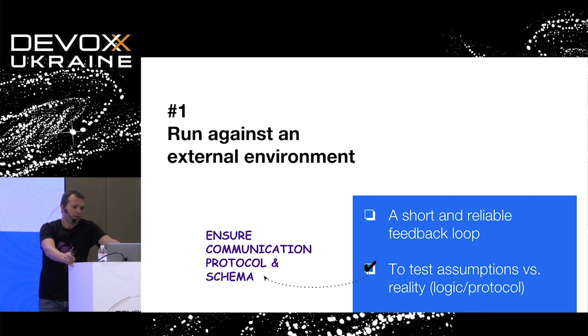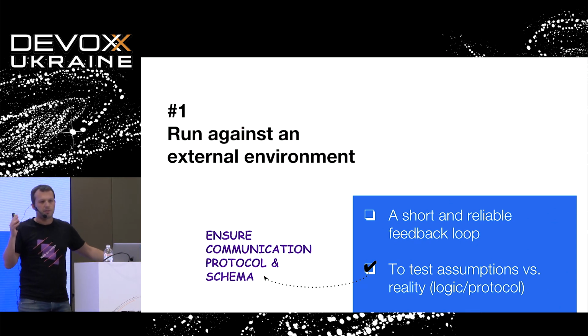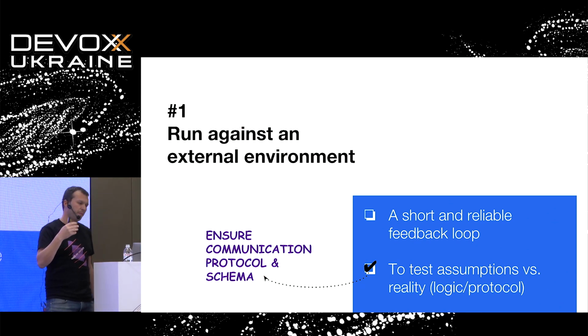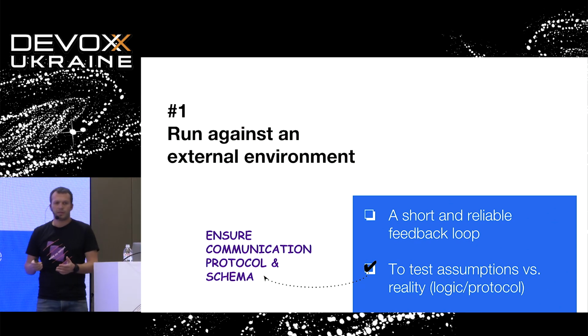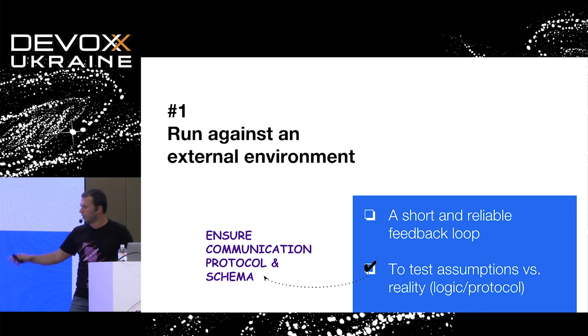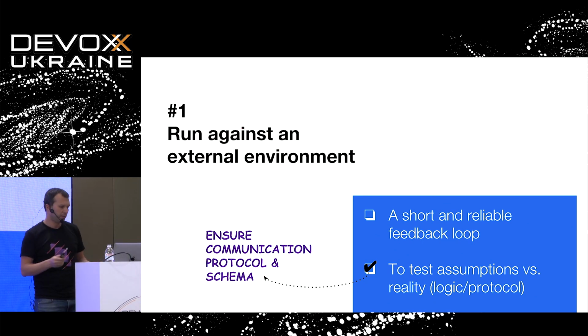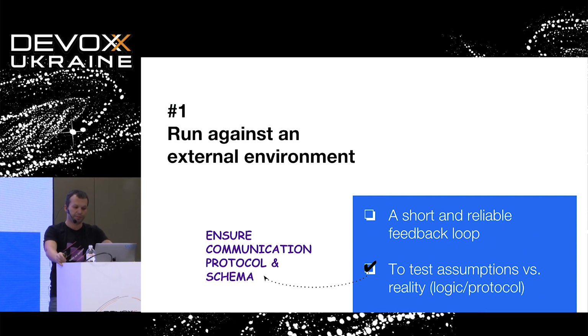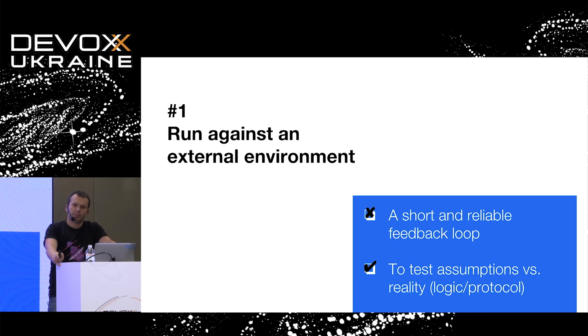We also ensure the communication protocol and the schema, and we know that it's working. The one thing we can't test here is the non-happy path. We can't test that this service is down or partially down or doing some weird stuff. And while it's good for verifying our assumptions, this approach fails on a short and reliable feedback loop.